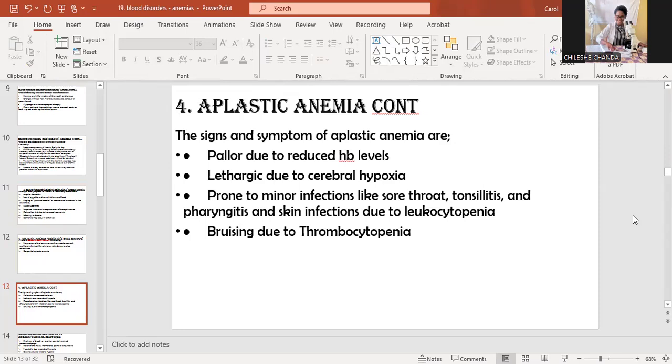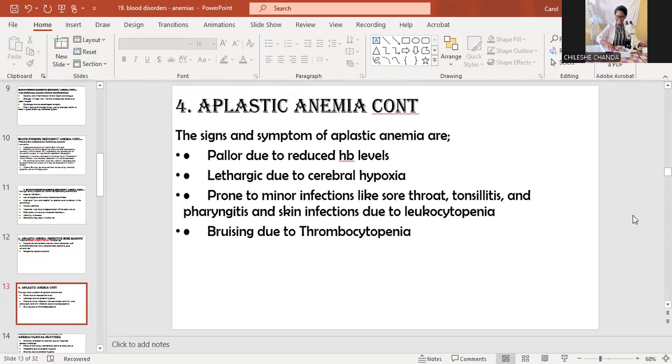This is all due to the fact that the bone marrow is unable to produce white blood cells, and so the immunity of this human being is reduced. Therefore, they're going to have all these tiny infections, such as sore throat, tonsillitis, pharyngitis.